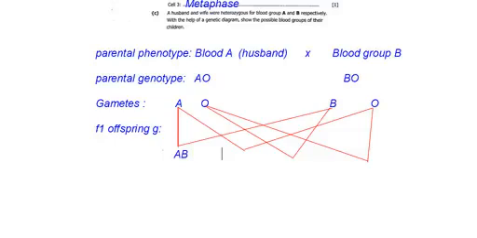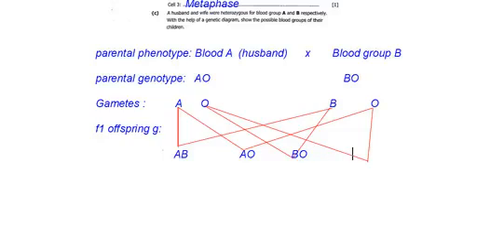Then on the next one right here, you are going to have AO. Then here, you are going to have OO, not so. Then here, so sorry, here it's supposed to be BO.